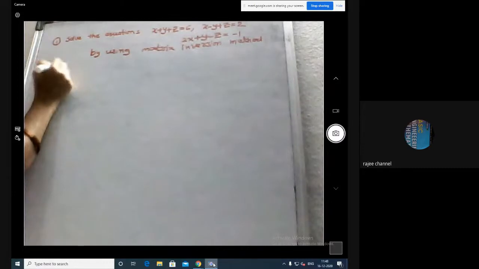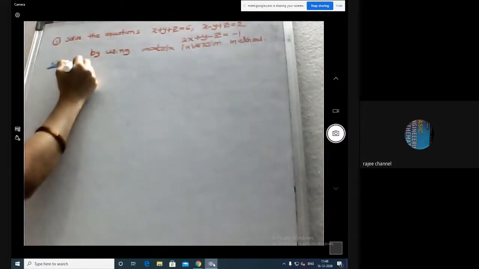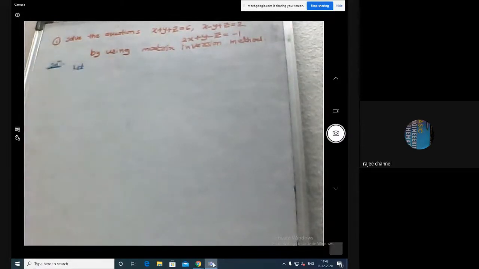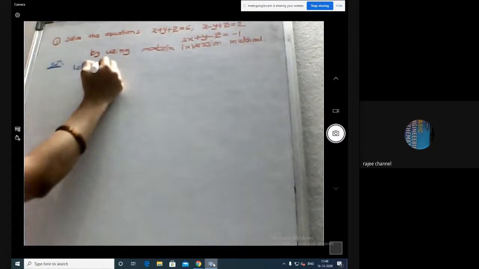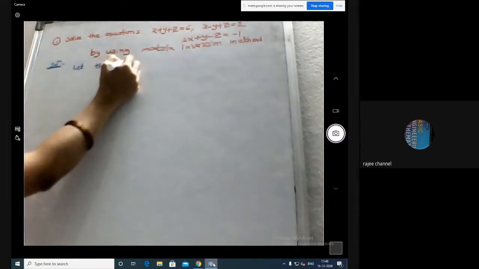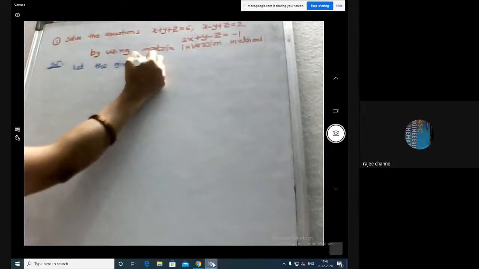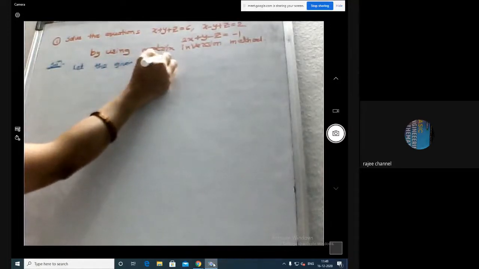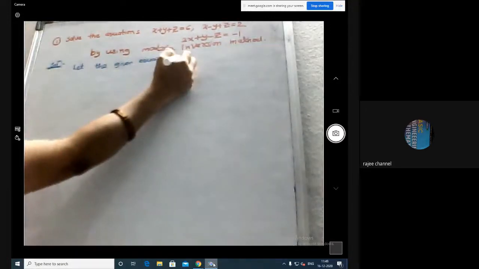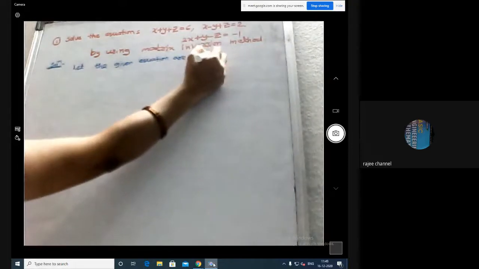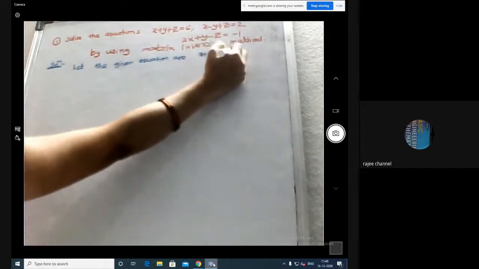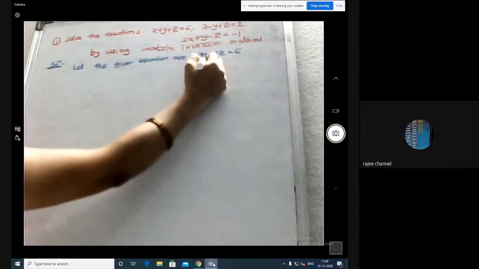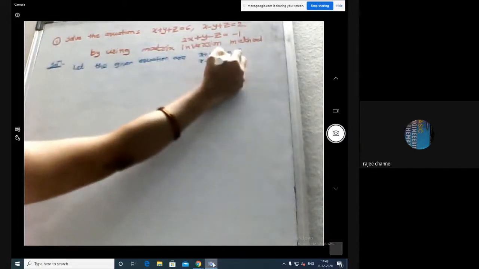Solution. Let the given equations be: first one x plus y plus z is equal to 6. Second one x minus y plus z is equal to 2.